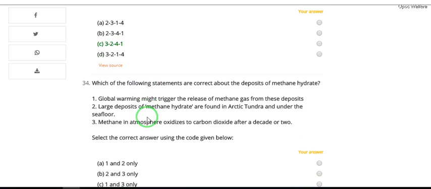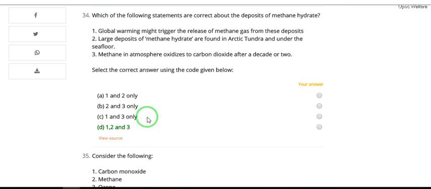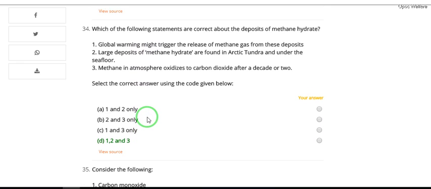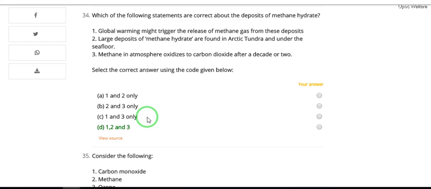Now see question number 34: which one of the following statements is correct about deposits of methane hydrate? So see, correct deposits of methane hydrate. So 1 to 3, all are going to be correct. Why is it so? Because, first, global warming, as we know, might trigger the release of methane gas from these deposits.